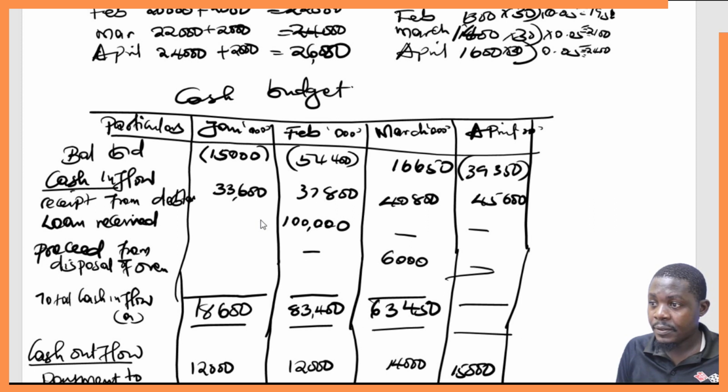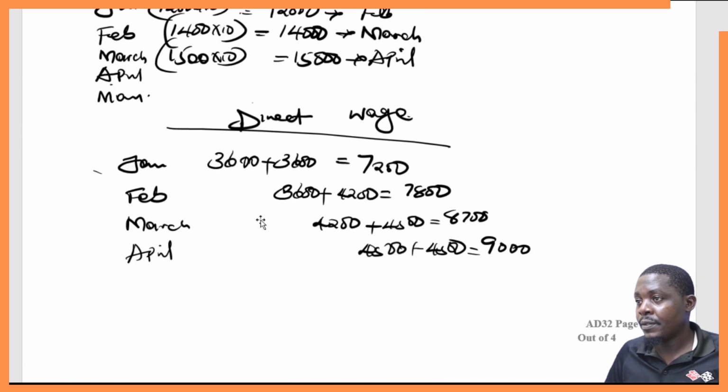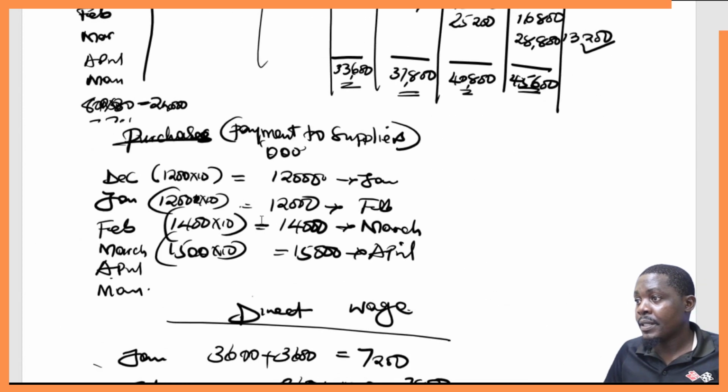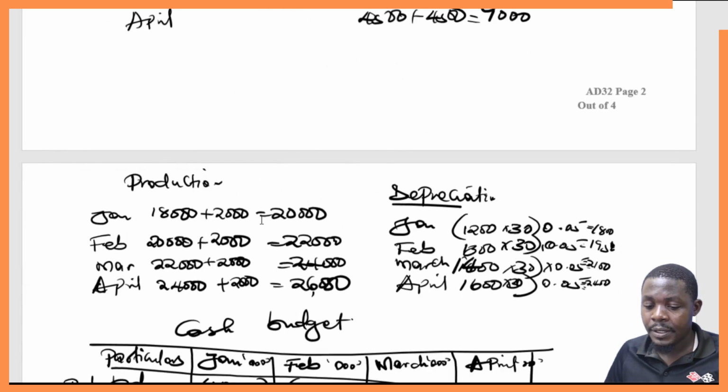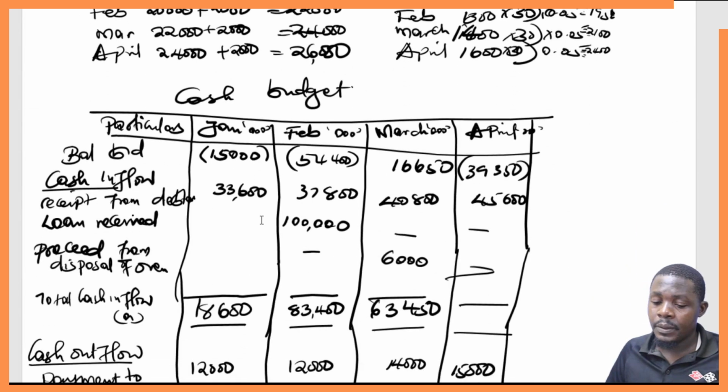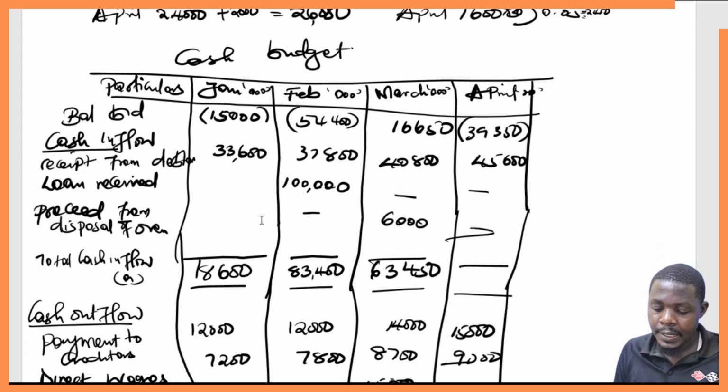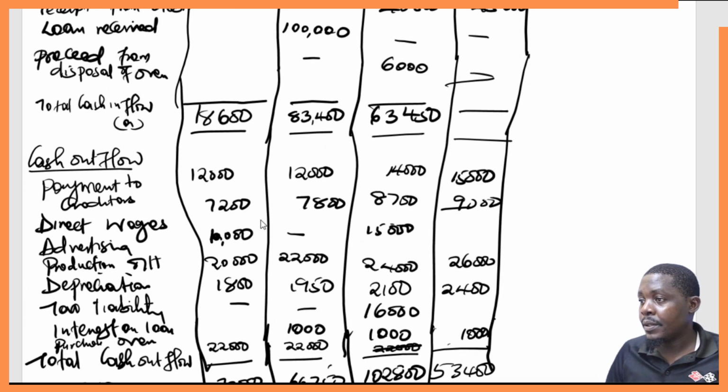45,600. Yes. So let me verify where there is 45,600. Yes, 45,600. We have 6,250.